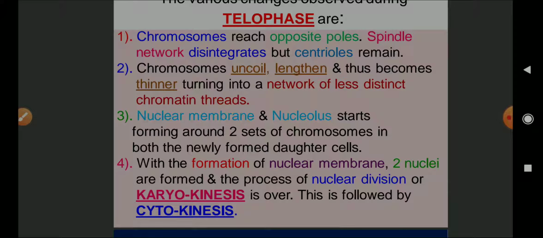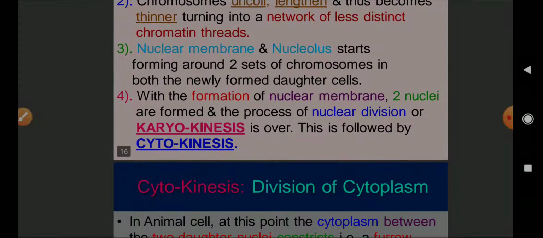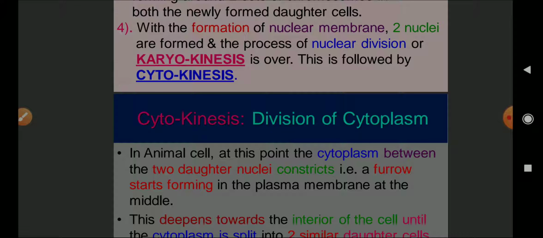With the formation of the nuclear membrane, nuclei and nuclear division, karyokinesis is over, followed by cytokinesis. On the other hand, slowly the cell organelles start appearing.